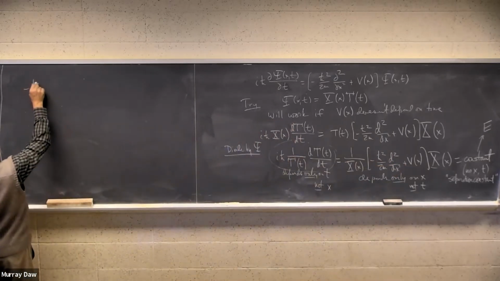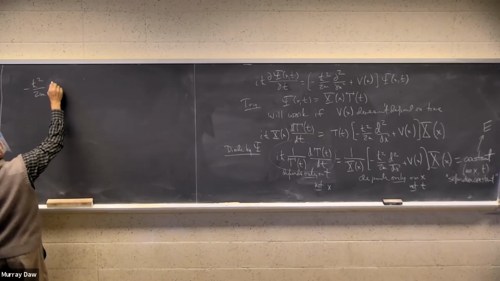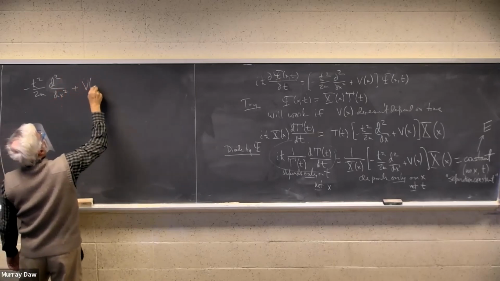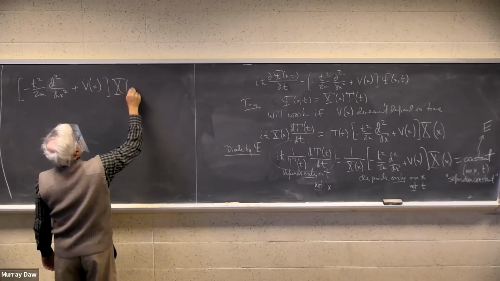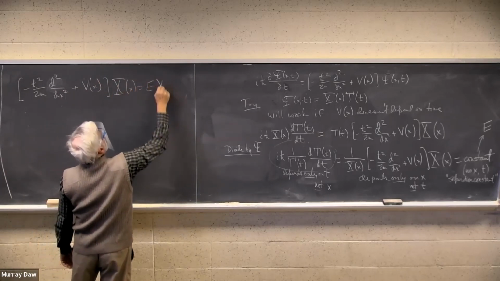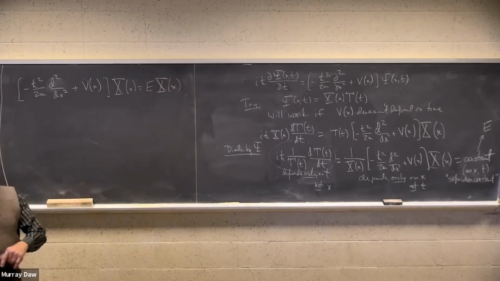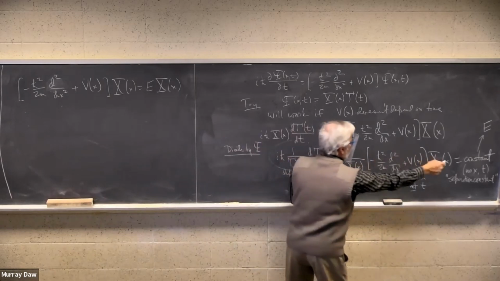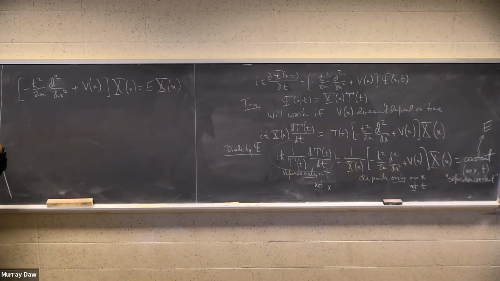So the second equation, we've identified the separation constant as the energy. I set this to the energy, and I'm going to multiply by capital X. What is this equation?